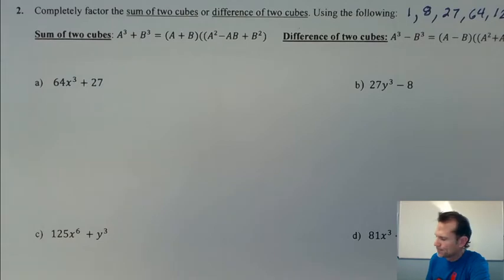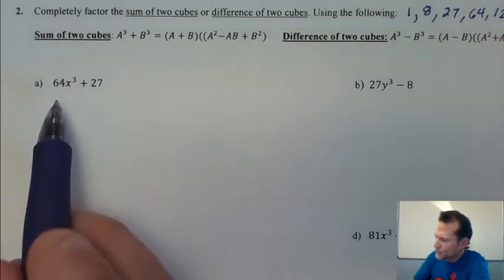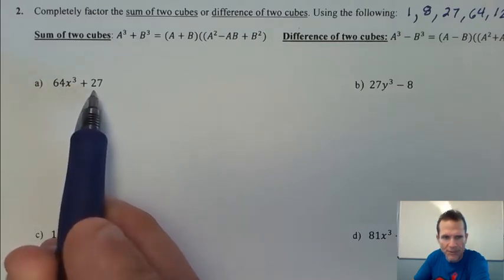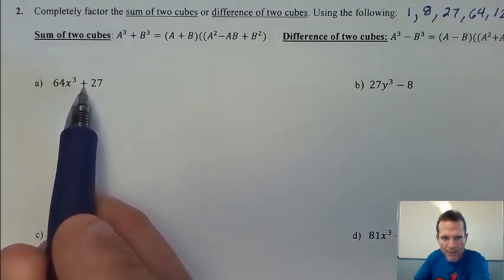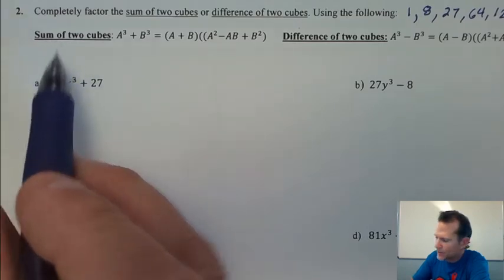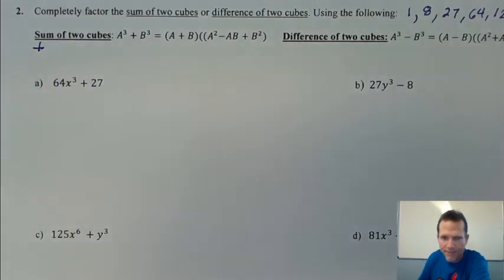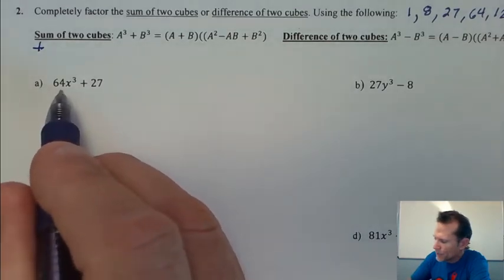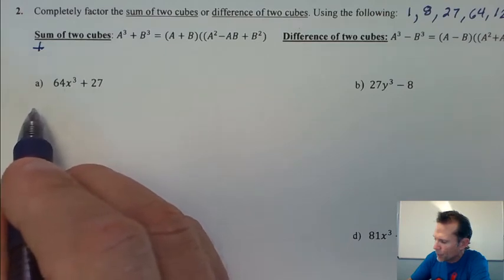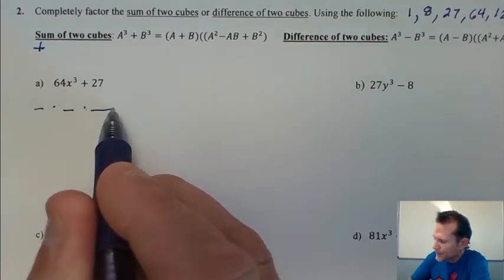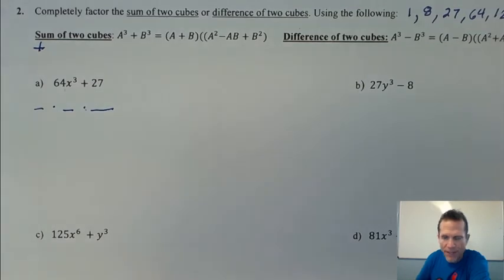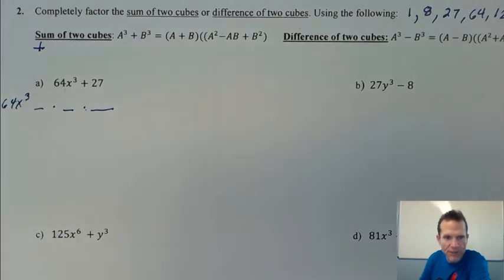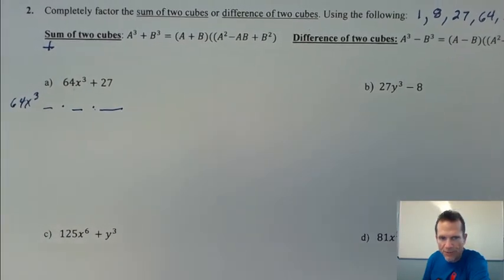So looking at this, I see two terms, and I see the 64, which is a perfect cube, and the 27, which is a perfect cube, and the plus sign here, so that's the sum of two cubes because of the plus sign. So what I'm going to do is think about what times itself 3 times yields 64x cubed.